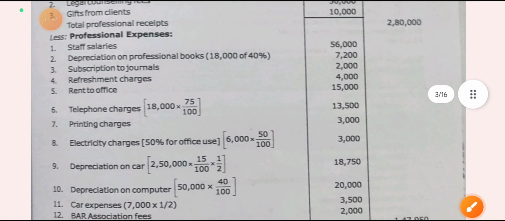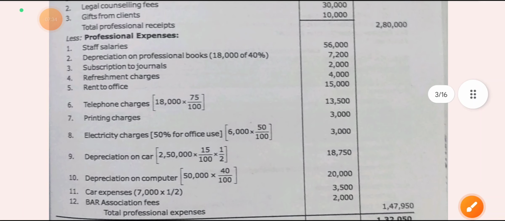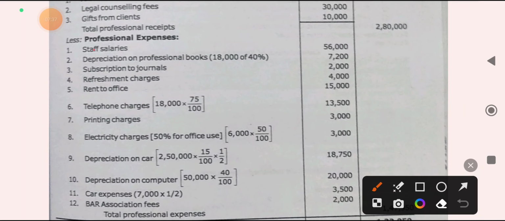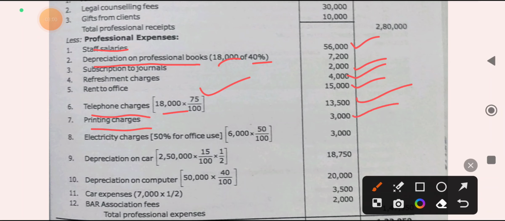Expenses, as we said, whatever expenses will come that we will take. Staff salary is 15,000. Depreciation on professional books 18,000 into 40%. Subscription to journals will come in full. Refreshment charges will come. Rent of office will come. Telephone charges, out of which 25% is personal, so 75% we are taking. Printing charges fully will come.